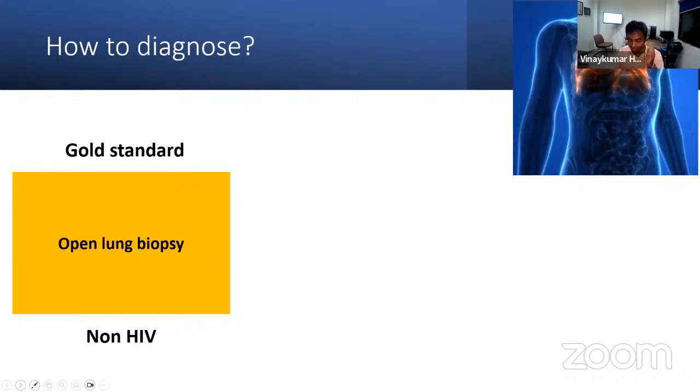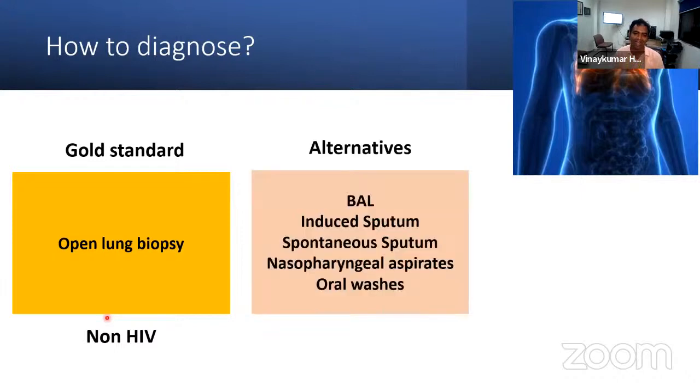But because you are not able to do a lung biopsy just for the sake of diagnosis, if you go for an open lung biopsy, then definitely the patient is not going to come back to you, right? So the alternative, or the proxy to an open lung biopsy, is a bronchoalveolar lavage fluid.